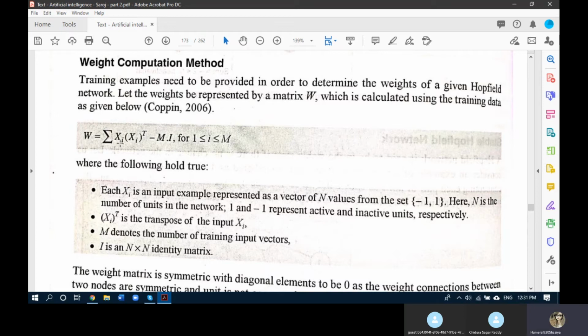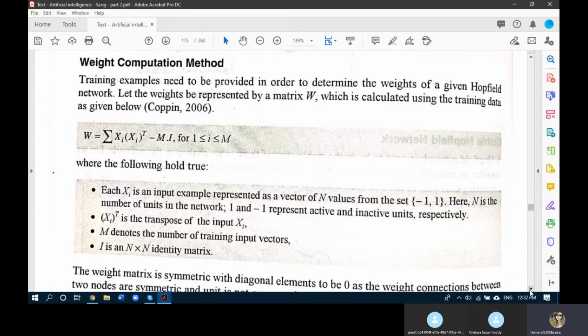If there are 3 units, xi will be 3. You start with the ith node and i plus 1, i plus 2, so 3. And I is the identity matrix of size n by n.